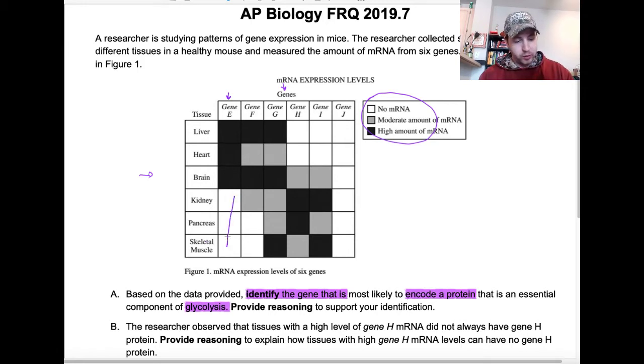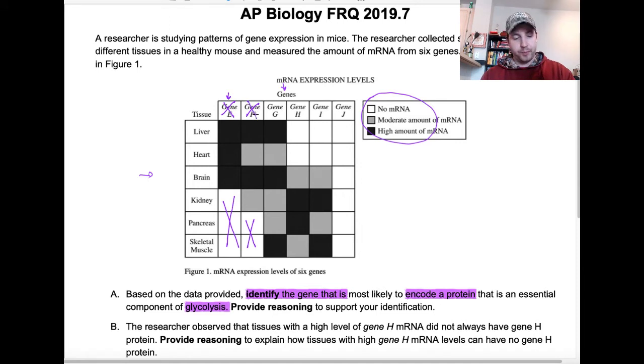They all do. So because we have certain tissues that are not expressing this mRNA, gene E is not a possibility. Gene F, on the other hand, is expressed in liver, heart, brain, and kidney, but again, no mRNA expression in the pancreas and skeletal muscle, which means we're not getting any ATP production if we're not running glycolysis.